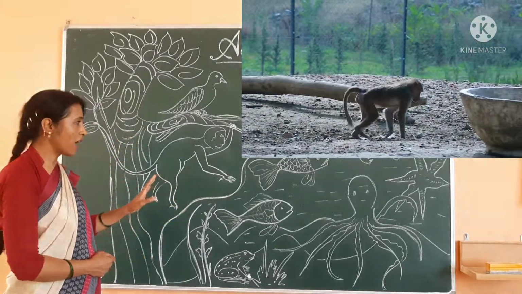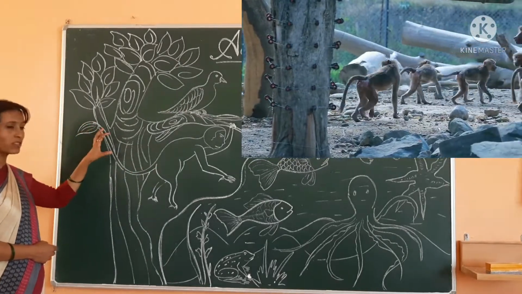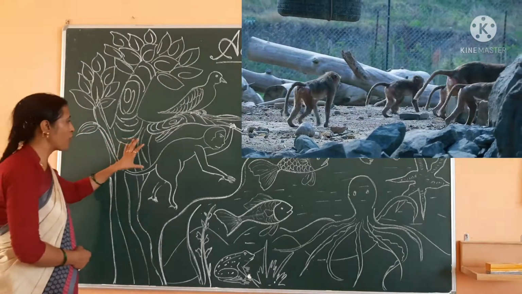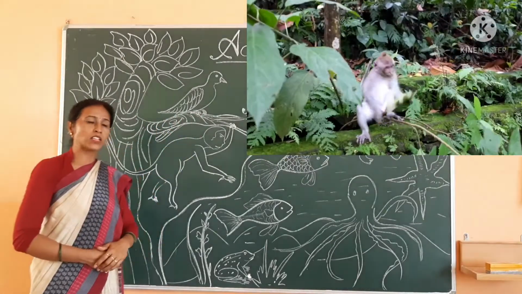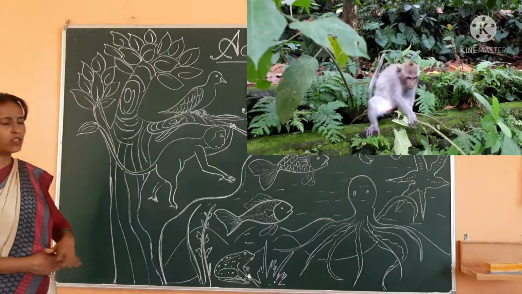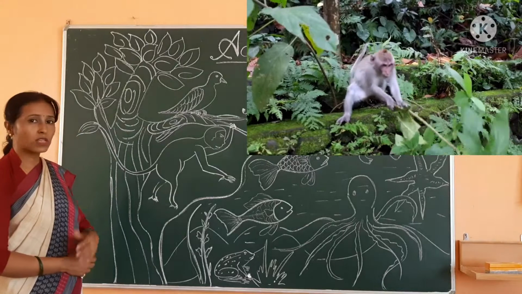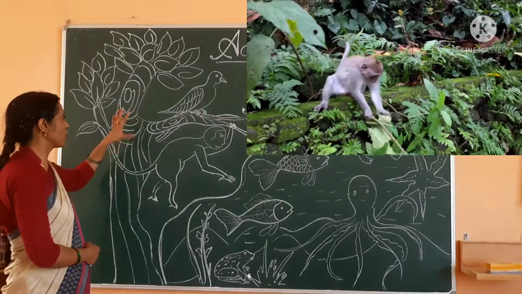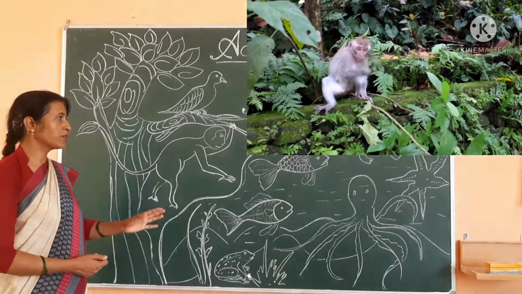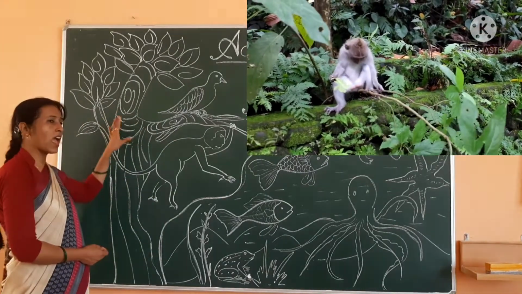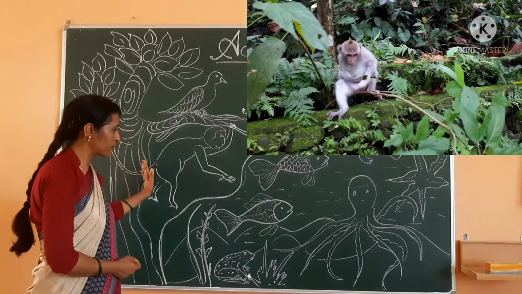They also have an extra structure, their tails. They have strong tails, which are useful for gripping or holding the branches, and they are also helpful when they jump from one place to another. So animals found on trees are known as arboreal animals, and they have different types of adaptation.